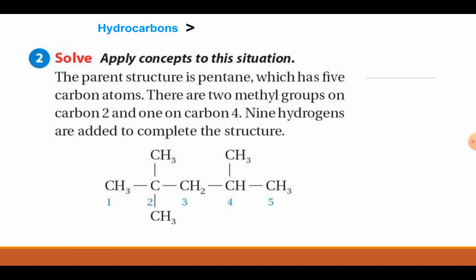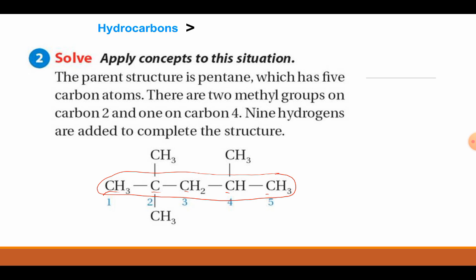Solve this. The parent, as we said now, of course you can number from right or left, both are right. As we said now, he said 2,2,4-trimethylpentane. Yes, pentane represents what? The parent chain. 1, 2, 3, 4, 5. Right? Okay. After that, he said 2 and 2.